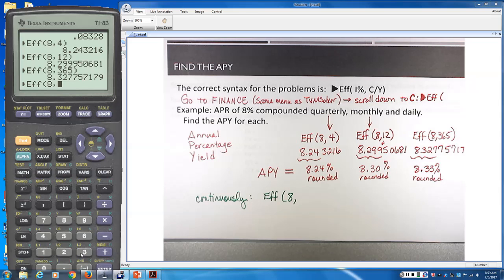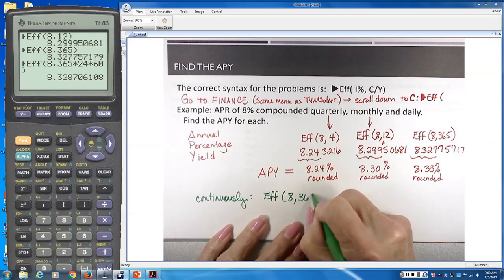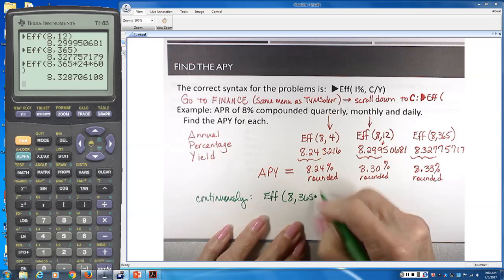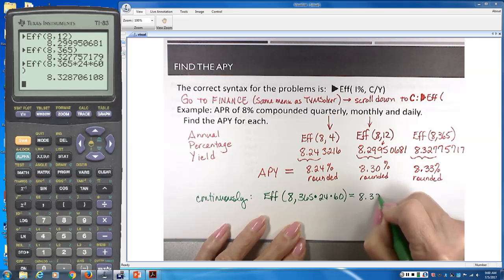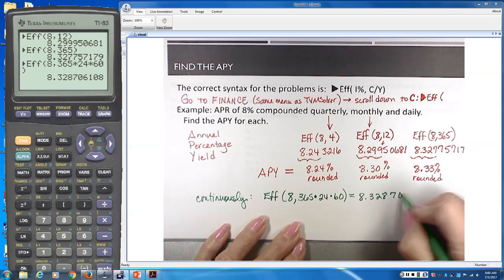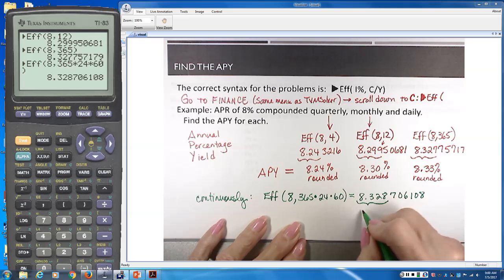If it's continuously, there's 365 days in a year, times 24 hours in a day, times 60 minutes in an hour, so compounded every minute. It would be 8.328706108.